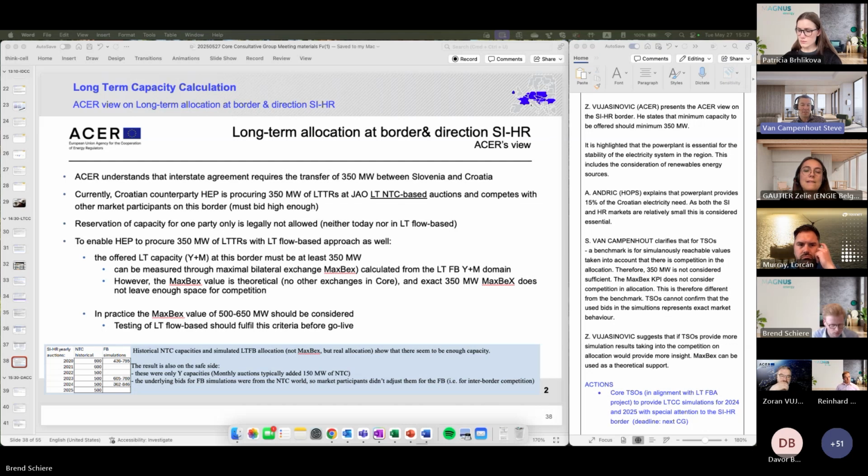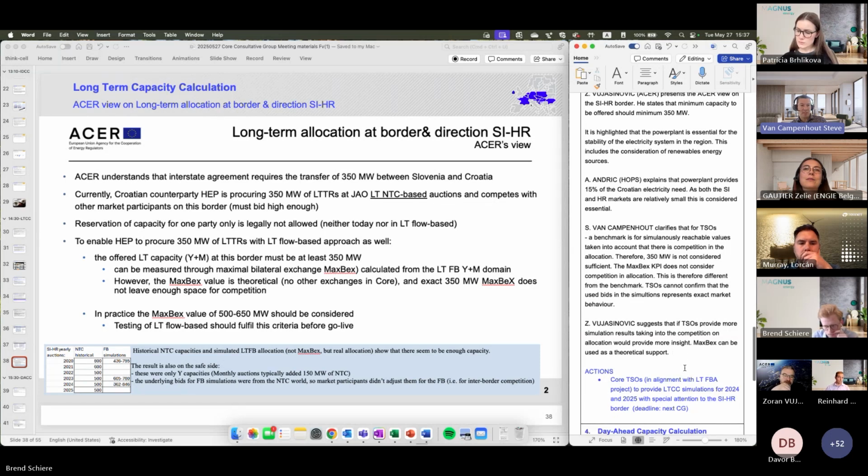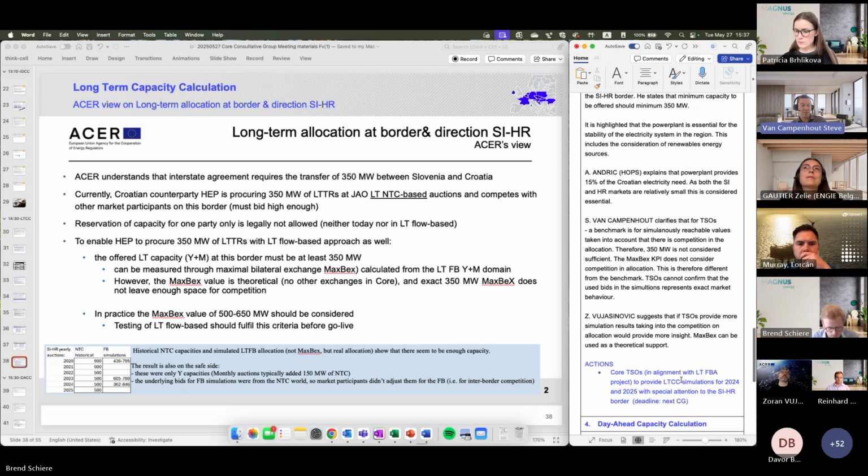So let's see what we can do with a sensitivity analysis on this border by changing the bids a bit, but I would not claim that we would look at the 2040 energy mix and try to do such sophisticated studies. I think it would take us a bit too far, but we are okay to look into understanding the effect of bidding and sensitivity.